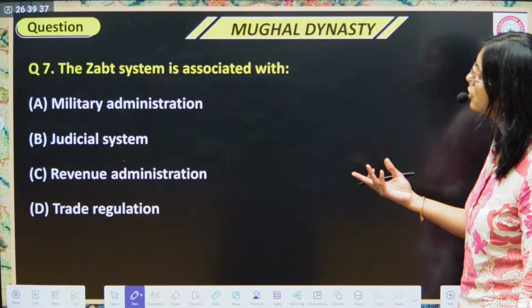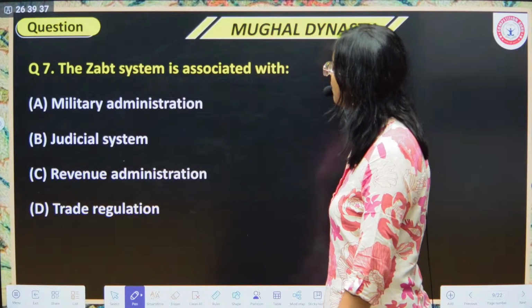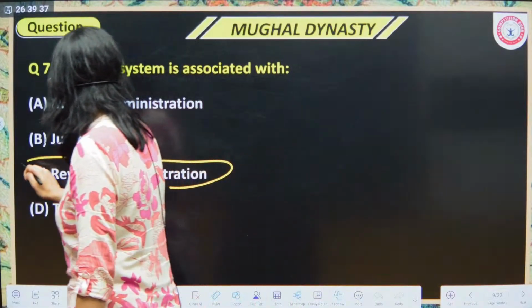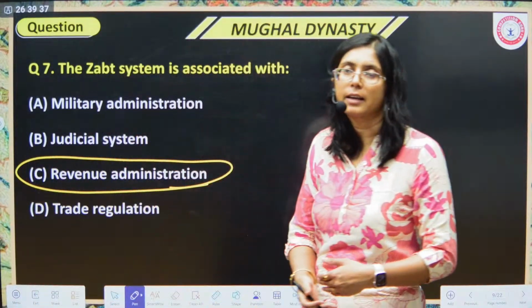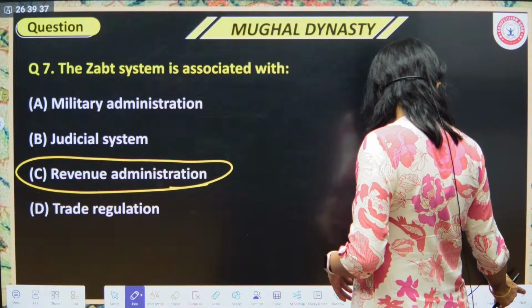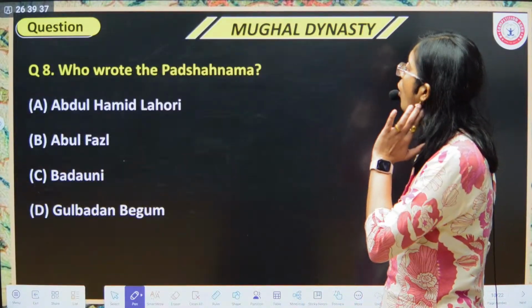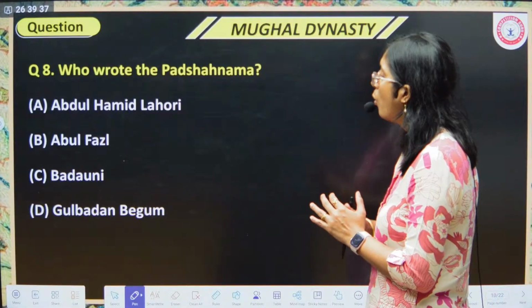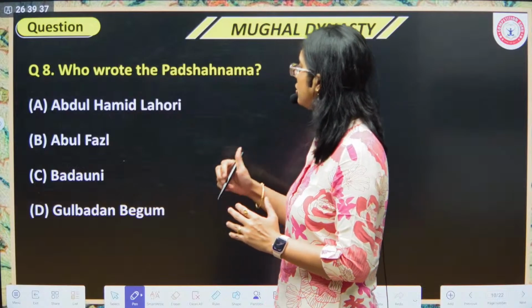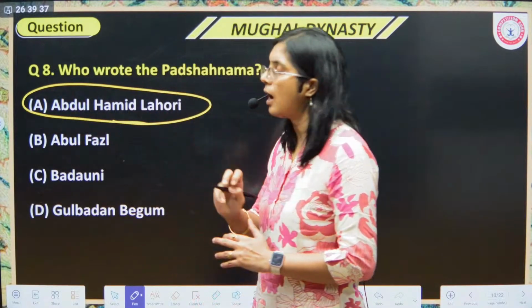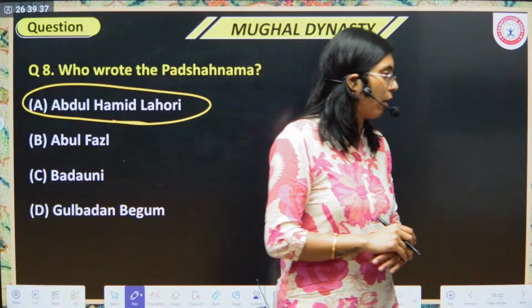The next question, it is also related with that. The Zabt system is associated with, obviously, revenue administration. I explained you right now. Who wrote the Padshahnama? It was written by Abdul Hamid Lahori.